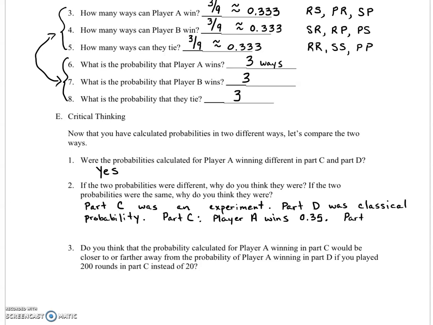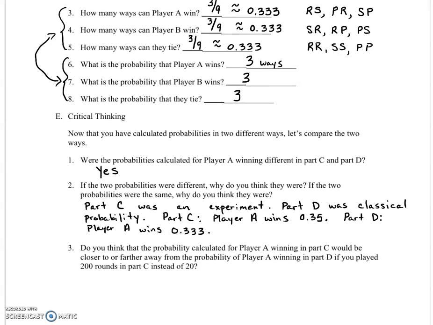Part D said player A wins 0.333 of the time. So that's pretty close, right? 0.333 to 0.35. But it's not exactly the same.